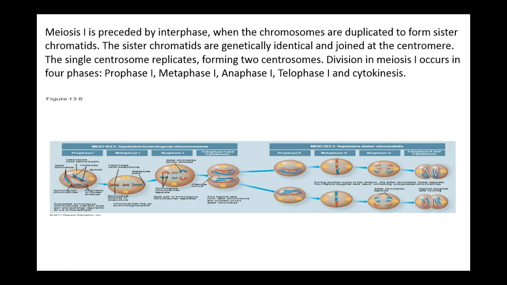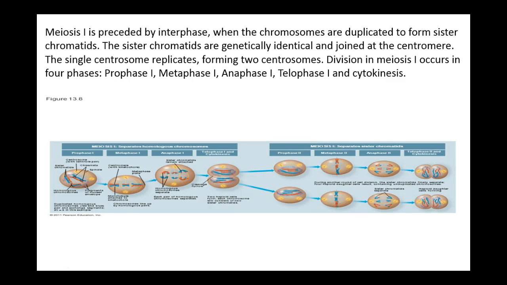Crossing over occurs in prophase 1. Think about the fact that you have so much genetic material in a very, very small space that it would be easy for some of that material to be transferred from one chromosome to another.